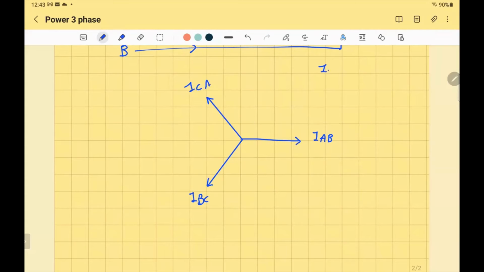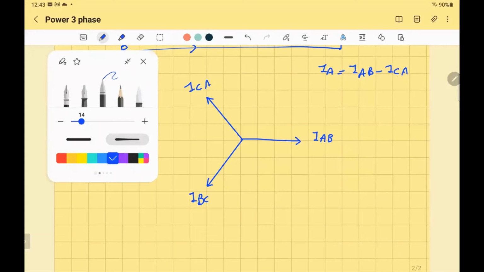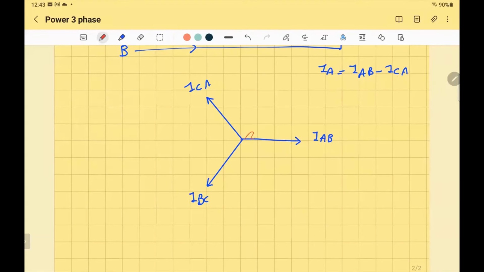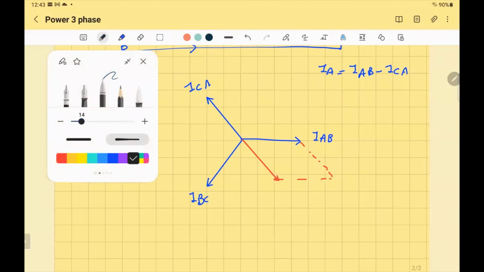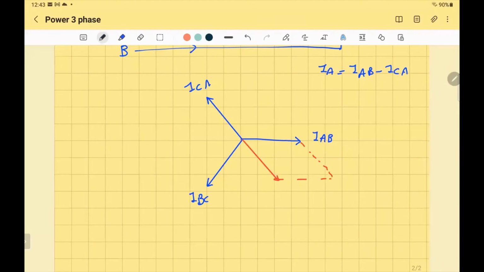This time IA is equal to IAB minus ICA. Flip ICA, and then I complete the parallelogram. That will give me the resultant, which is IA.